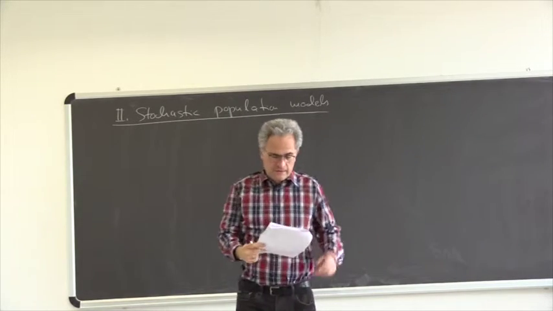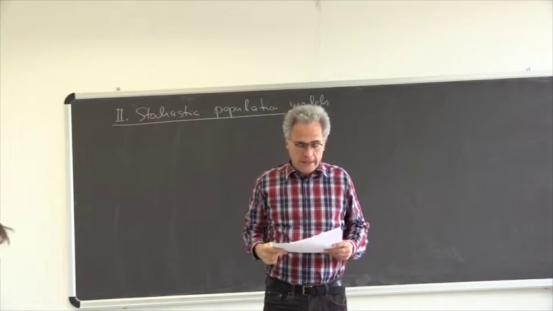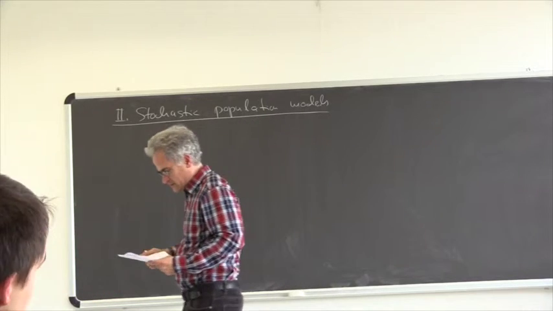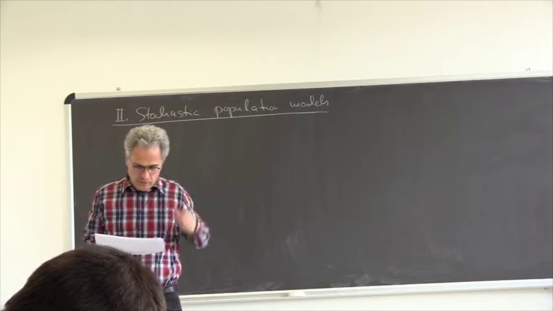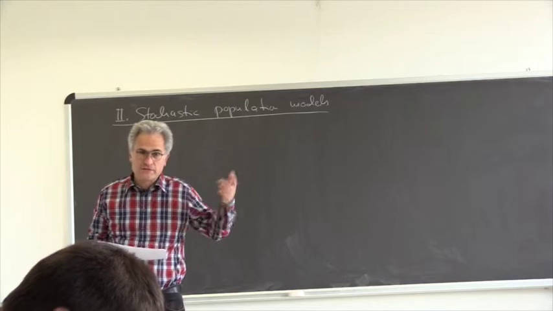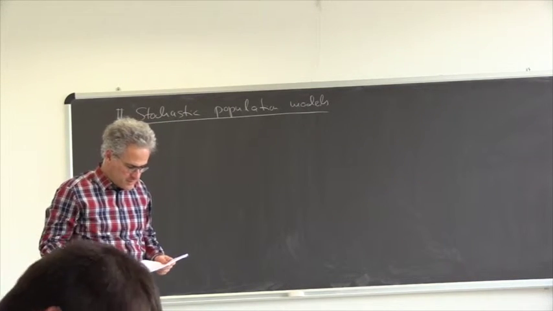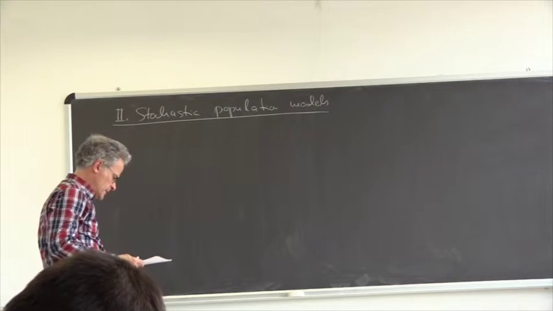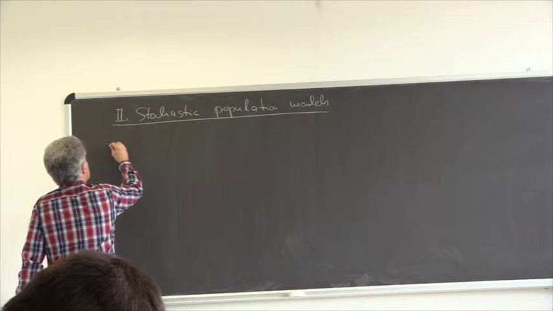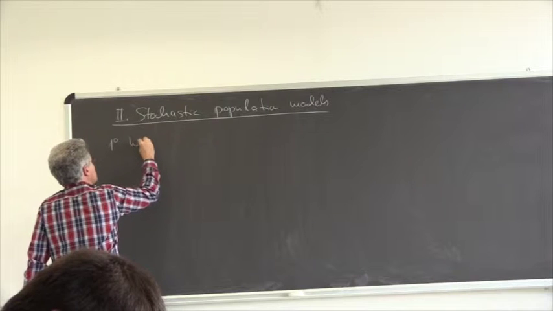And there are two classic models in population genetics that are called the Wright-Fisher model and the Moran model. I will be discussing them in turn, and we'll see some simple properties of these models that we can derive. So let's start with the Wright-Fisher model.